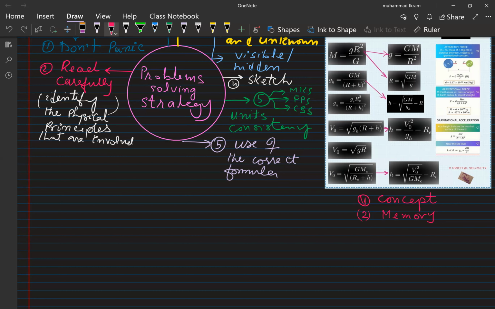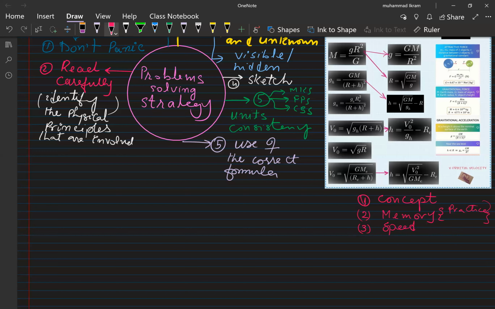So memory must be strong enough. And how will this come? This will come through practice only. The more you practice, the better you will remember the problem and the formula. The third point is the speed.